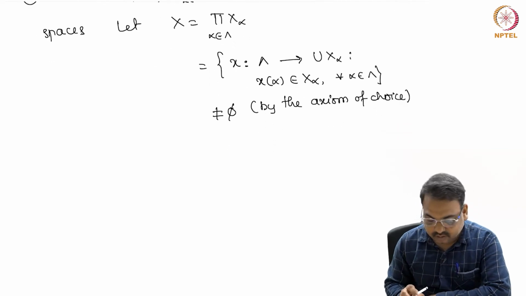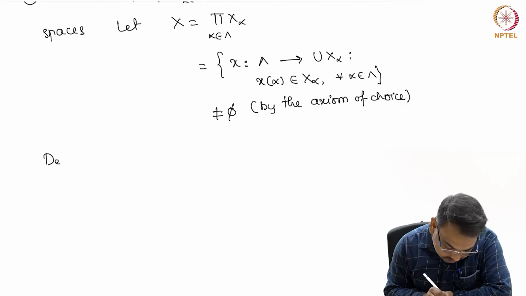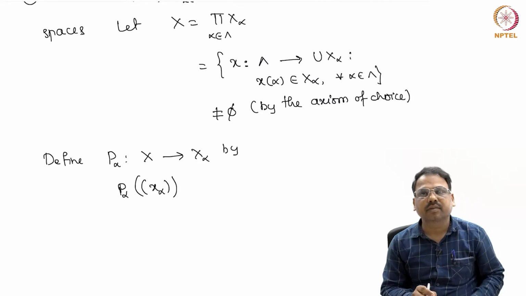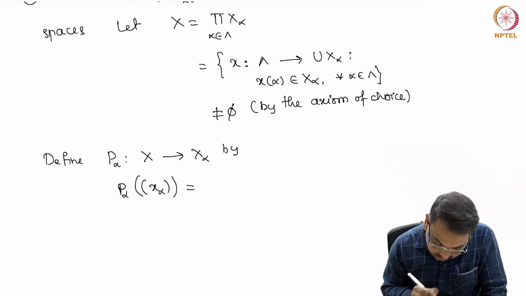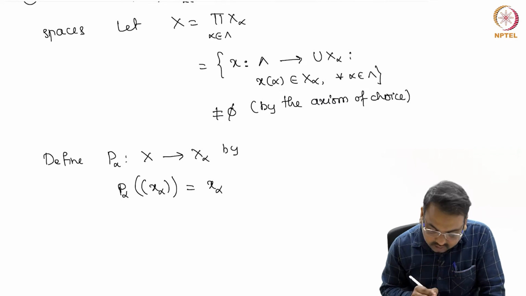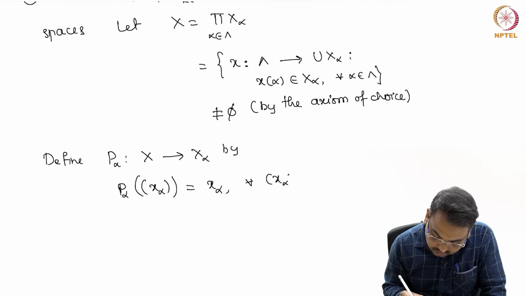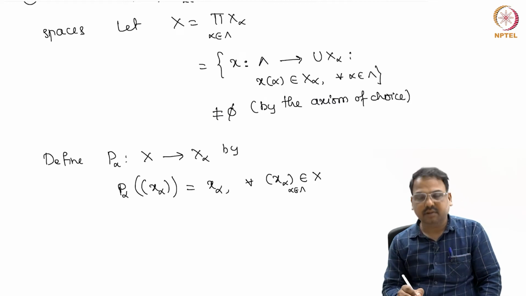Okay. Now let us define p alpha from X to X alpha. Every element is of the form x, and you send it to x alpha for every alpha.